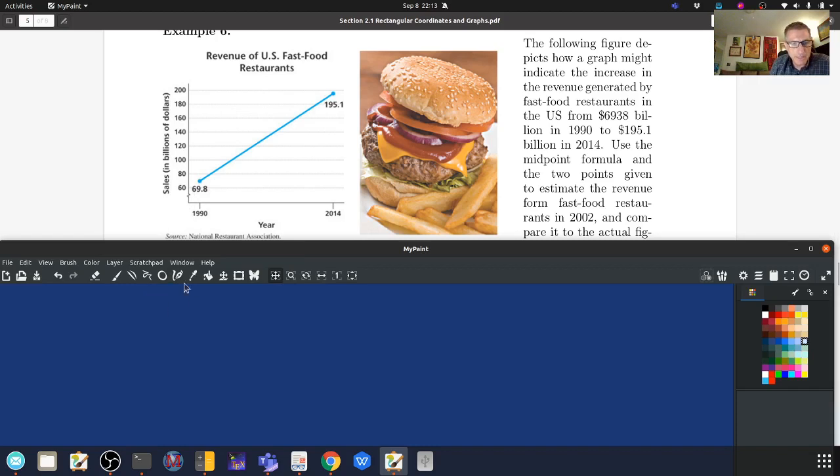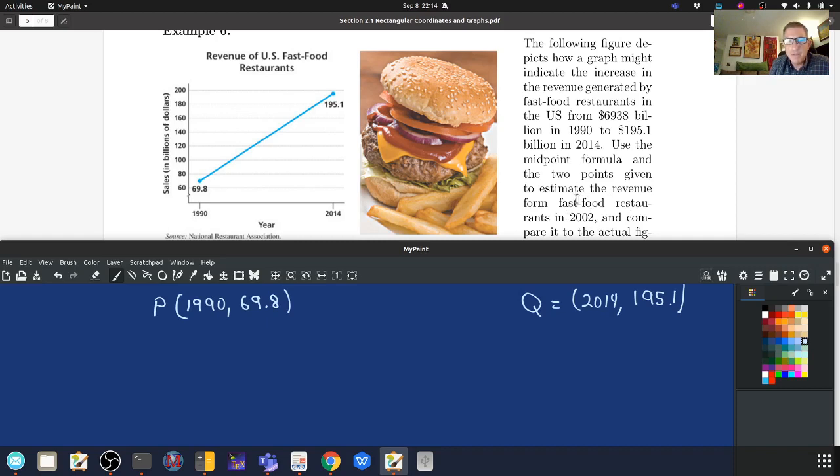This point here, I'm going to call P. It has coordinates: what is my x value? 1990 and 69.8. That's billion. And this point up here, I'm going to call Q, is equal to 2014 and 195.1 billion. So they want us to find the midpoint of the two.